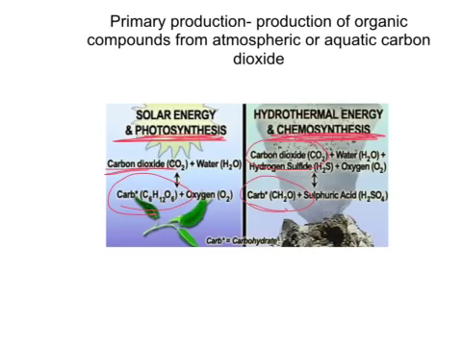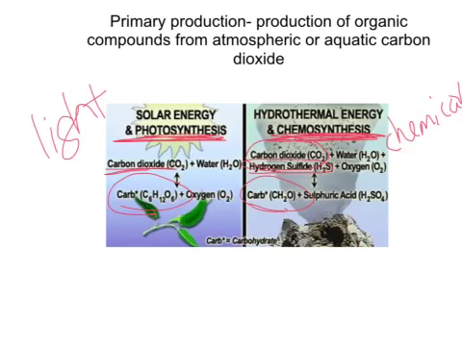Remember, in photosynthesis we're using the light energy, taking the solar energy and harnessing and converting it. Chemosynthesis, remember, uses chemicals to form those organic compounds. You see hydrogen sulfide being the source in that particular picture there.